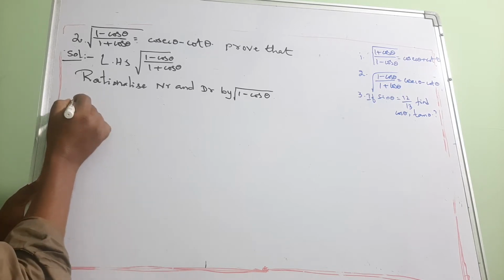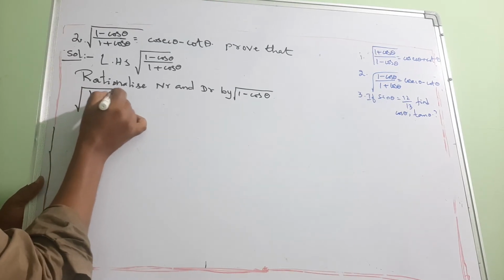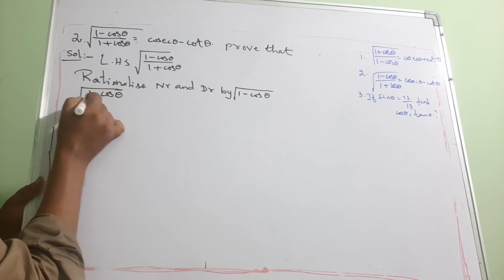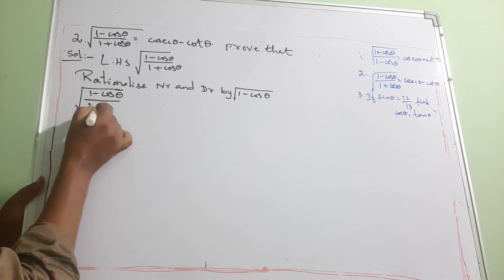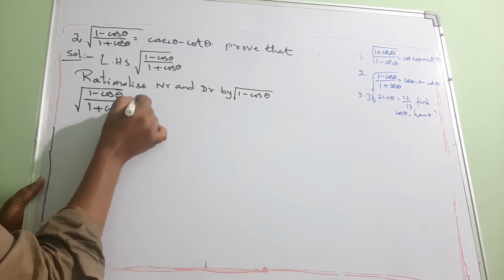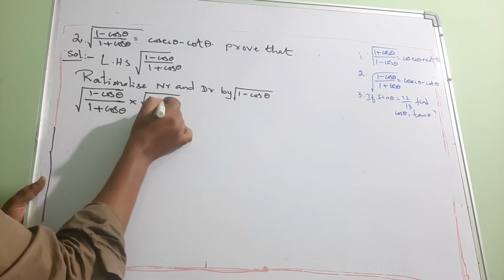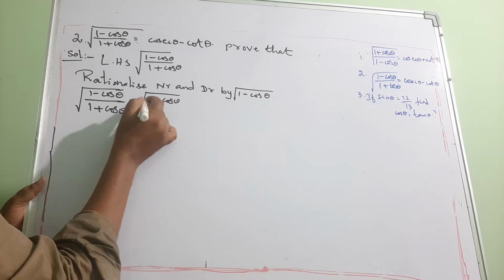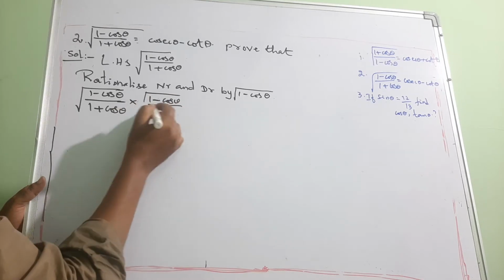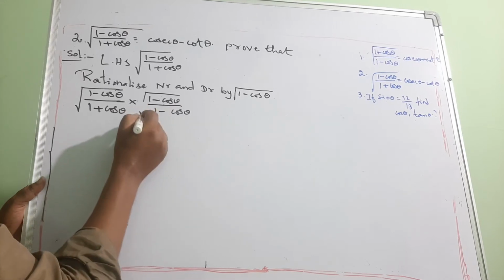So we write under root of 1 minus cos theta divided by 1 plus cos theta, multiplied by root of 1 minus cos theta by 1 minus cos theta root.